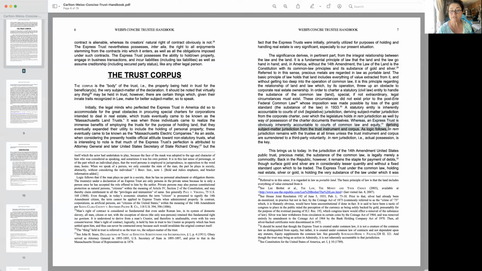Deriving subject matter jurisdiction from the trust instrument and corpus. As logic follows, in rem jurisdiction remains with the trustee at all times unless the trust instrument and corpus are surrendered to a third party voluntarily. In rem jurisdiction, actual possession is the key. That's good. That's really good right here.